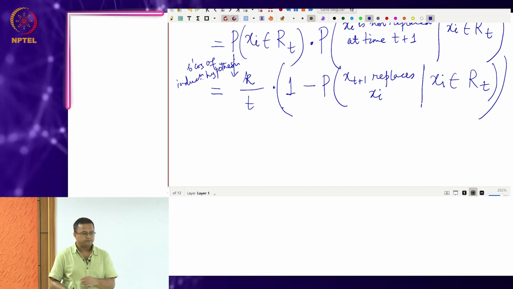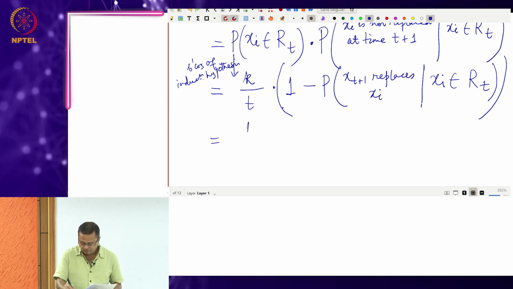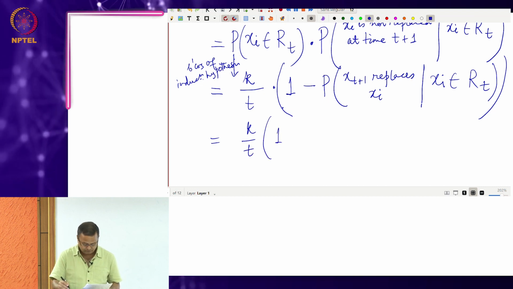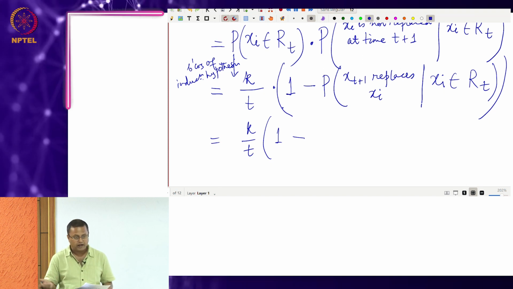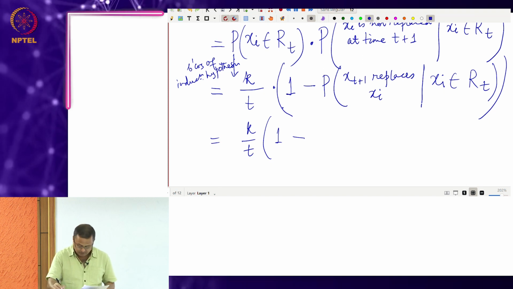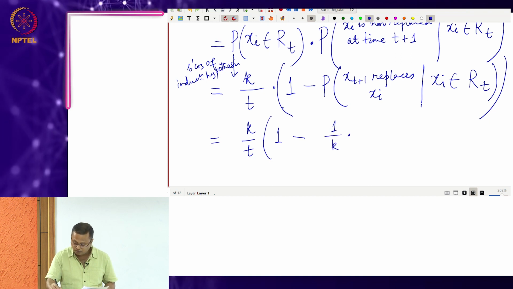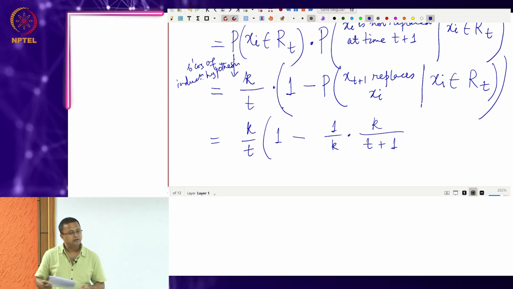Agreed? The probability that xi is replaced: so, this should be 1 by k into k by t plus 1, right.